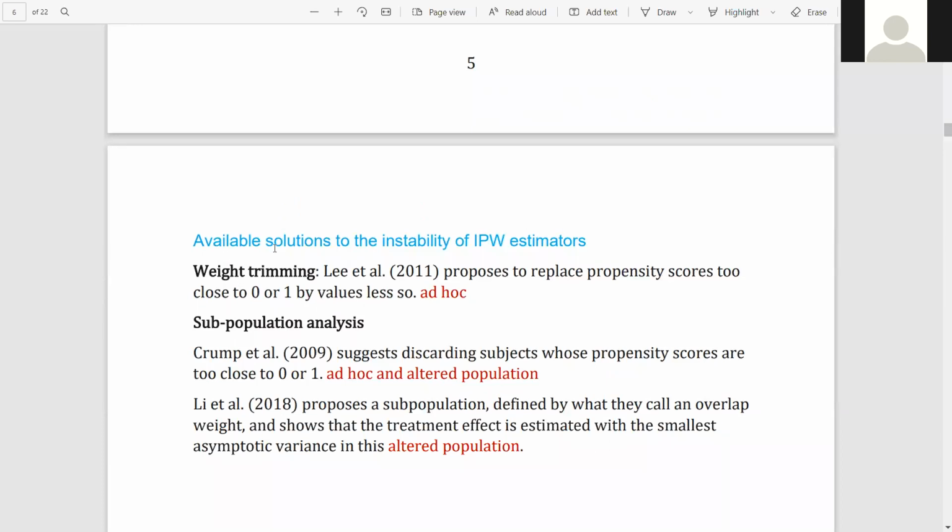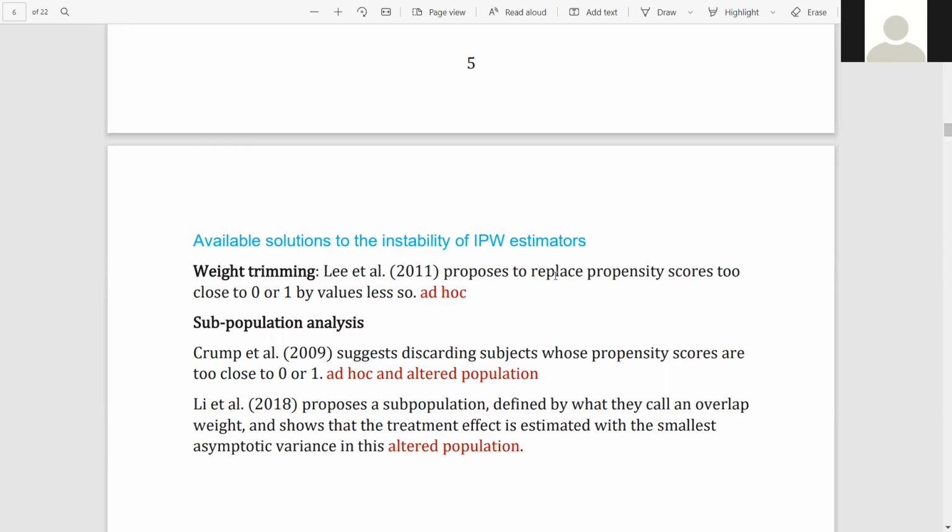We know that the IPW estimators are unstable. So what solutions have been proposed? One way is called weight trimming, for example in Li 2011.